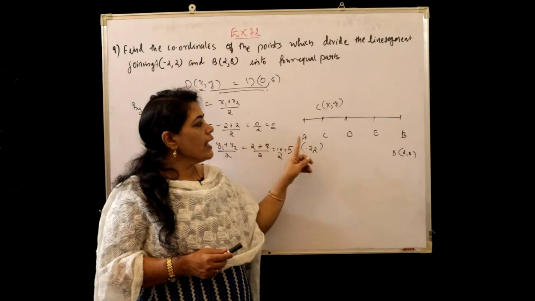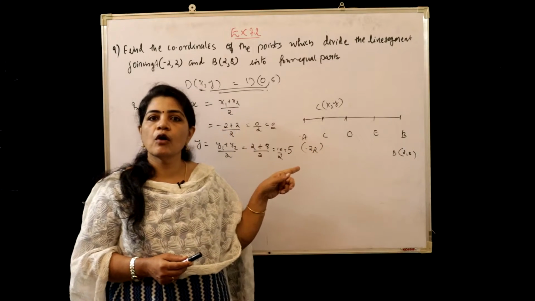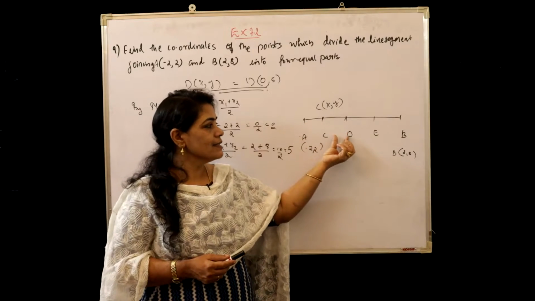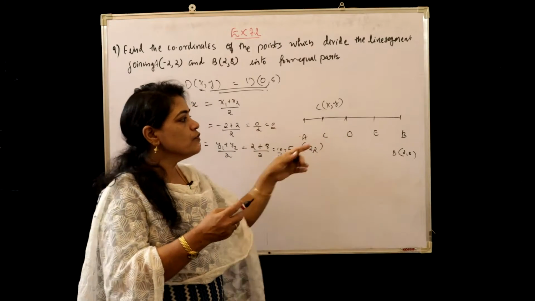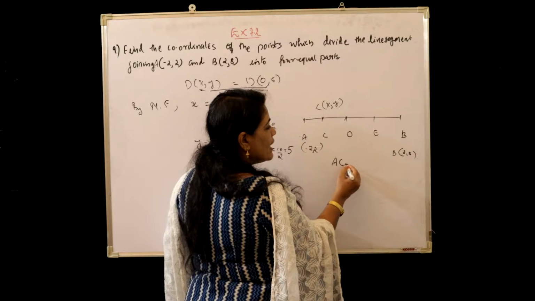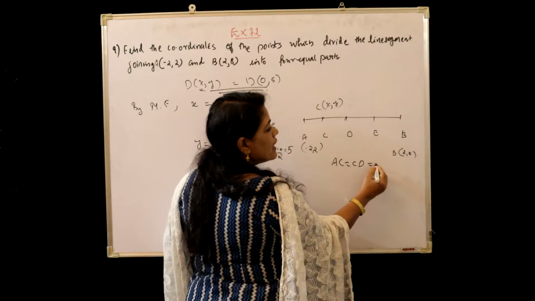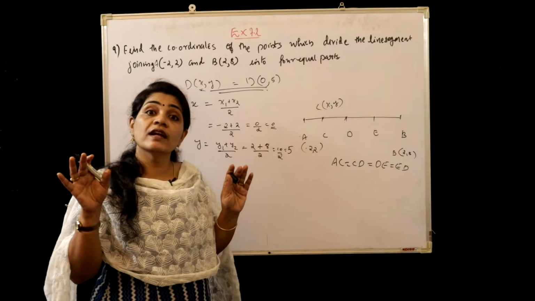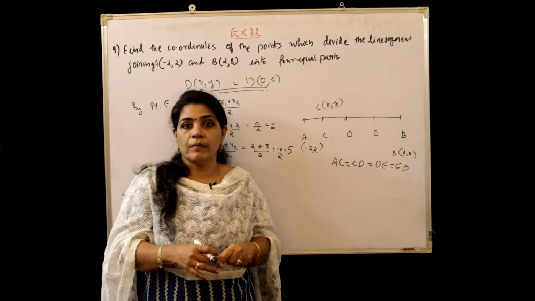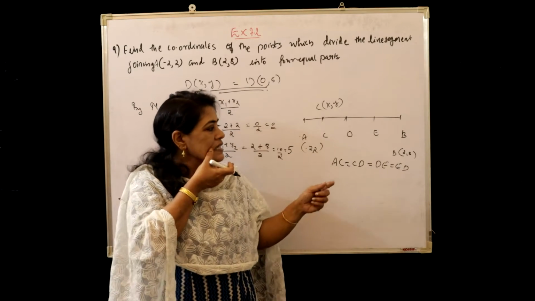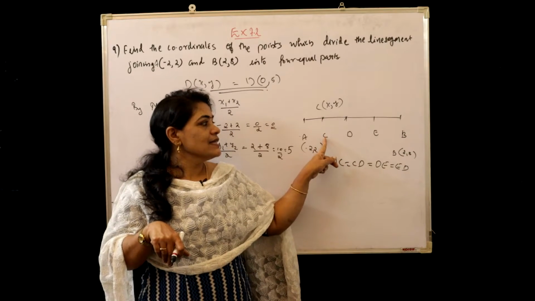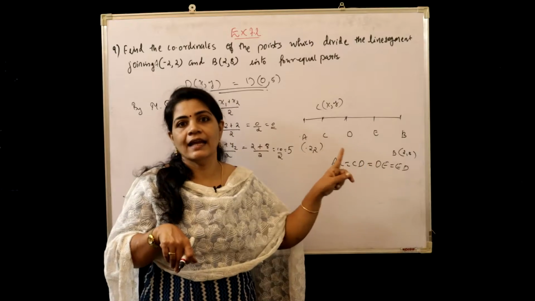In the same way, can you take C as the midpoint of AD, because one equal part and the CD. That means from this figure you can definitely write, children, AC equal to CD equal to DE equal to EB. That is the meaning of AB being divided into four equal parts. Okay, so since AC equal to CD, that means C is the midpoint of AD.